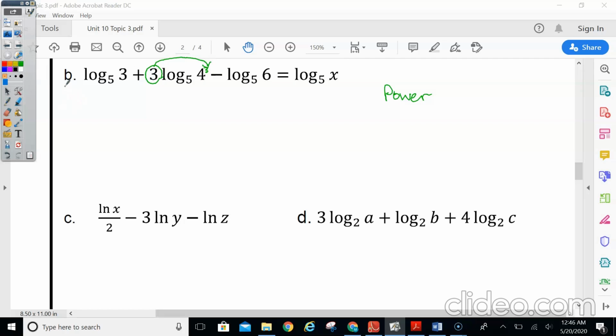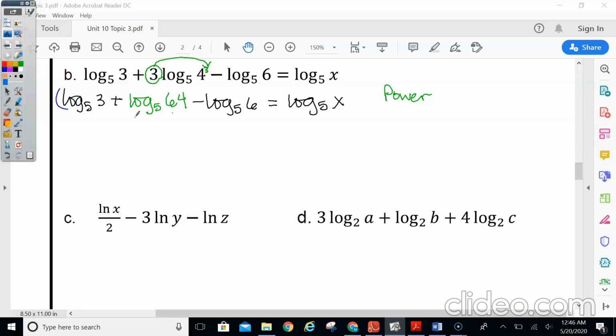So we have log base 5 of 3 plus, when I move it, I'm going to get log base 5 of 4 cubed. 4 times 4 times 4 is going to be 64. And then I subtract log base 5 of 6, and equals log base 5 of x. Okay, so now you go left to right.